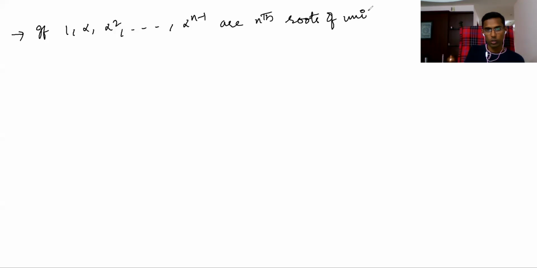Here, what is given? If 1, alpha, alpha square, and so on up to alpha power n minus 1 are the nth roots of unity, then x power n equal to 1.